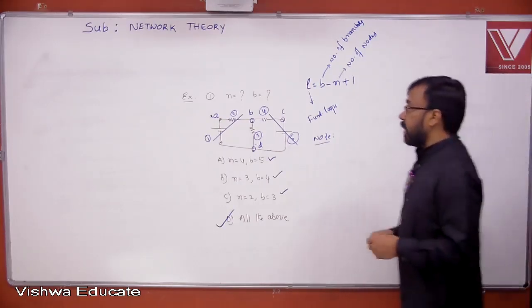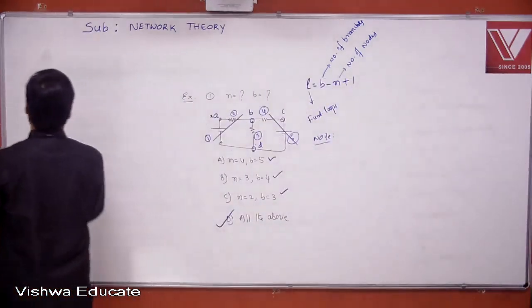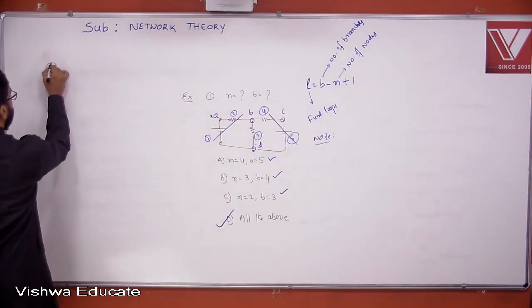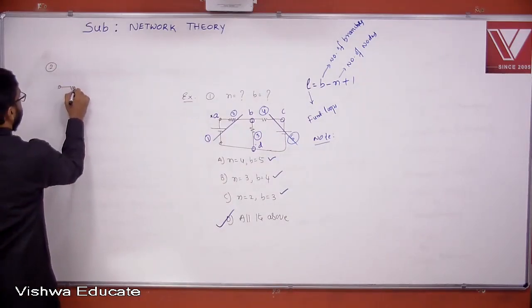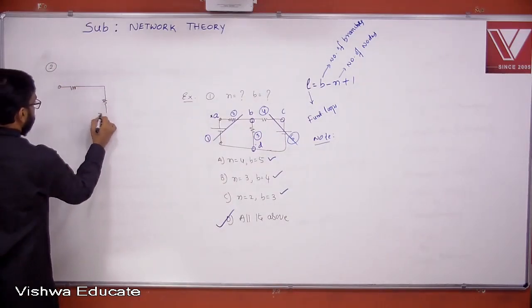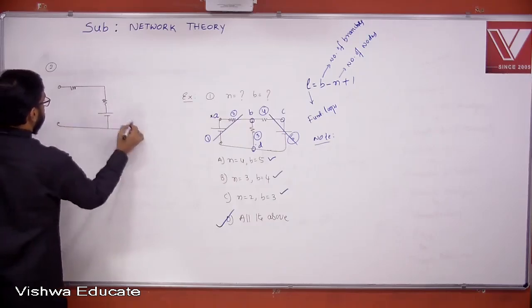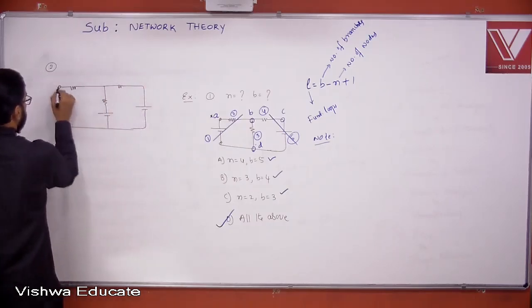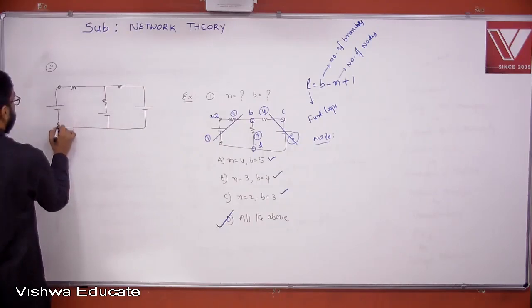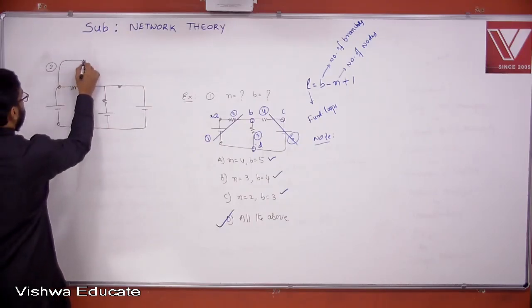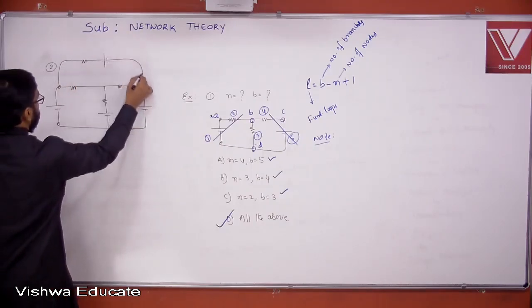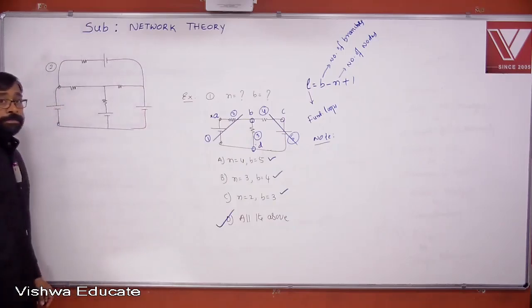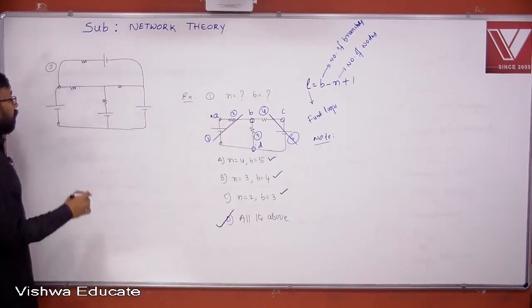Now let us look at another example, the second example. Now you can easily answer it. How many nodes and how many branches are there?